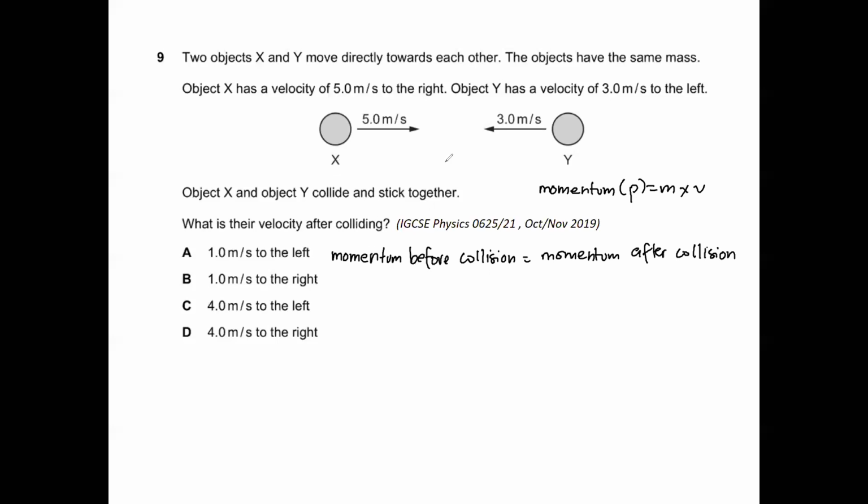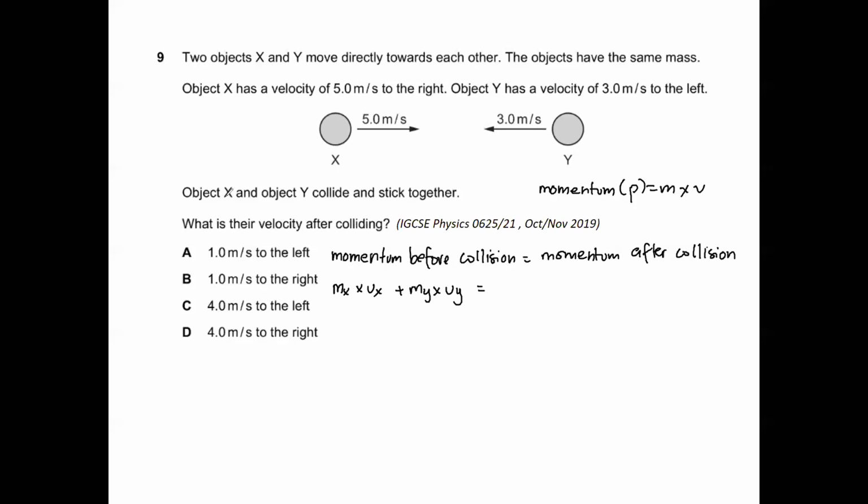Before collision there are two objects, X and Y. X has a velocity in the direction to the right, and Y has a velocity in the direction to the left. So we write mx times ux, because this is the velocity before collision, so the symbol is u, plus my times uy equals the momentum after the collision.